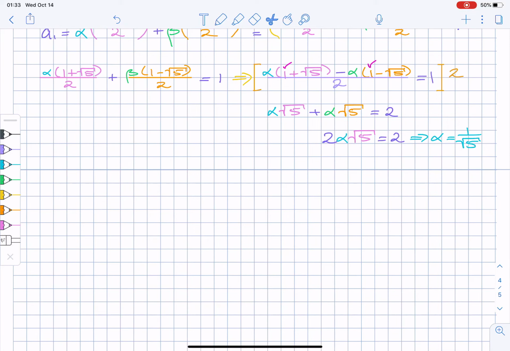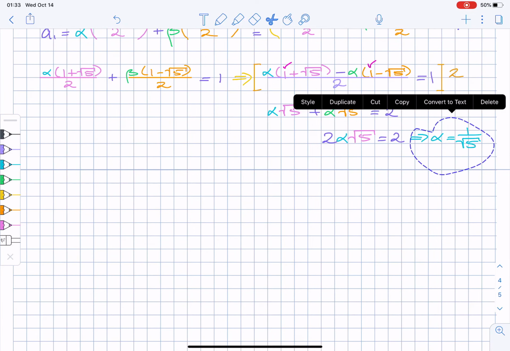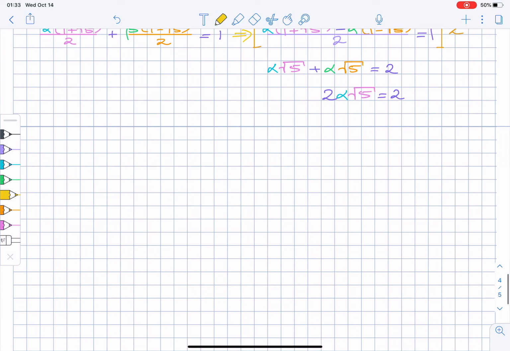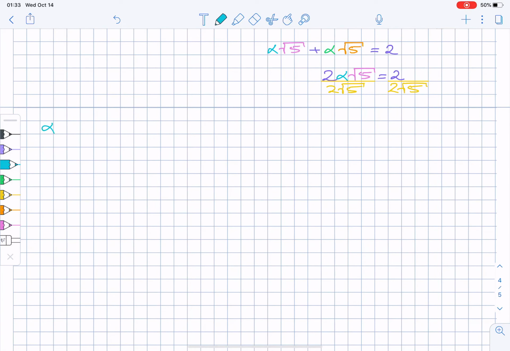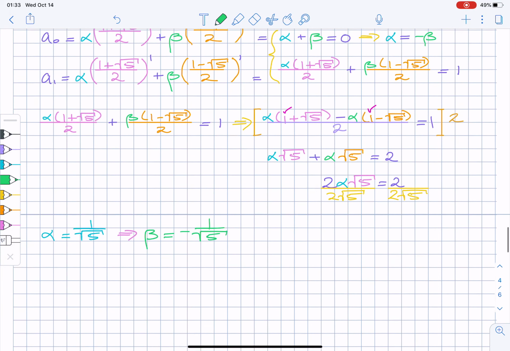Because if I divide both sides by 2 root 5, I get that alpha is equal to 1 over the square root of 5, which implies that beta is negative 1 over the square root of 5.